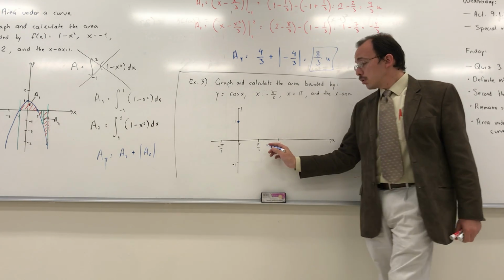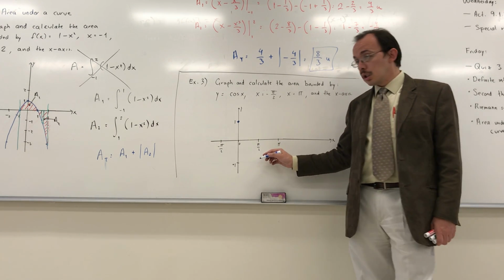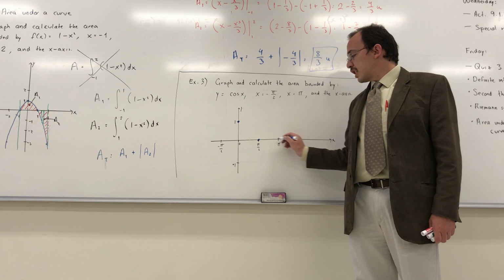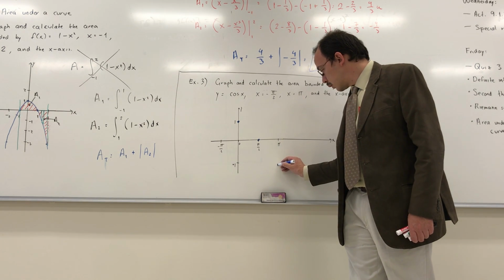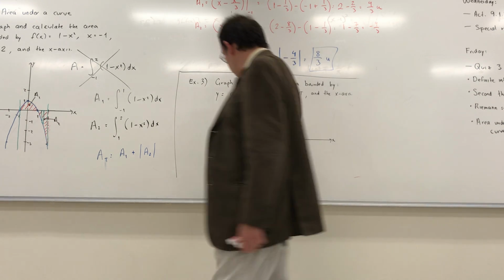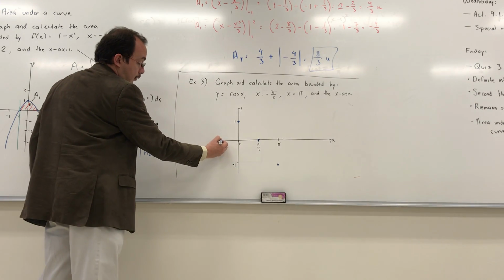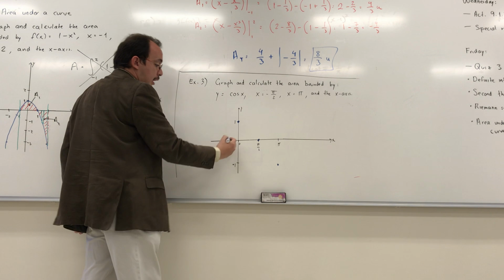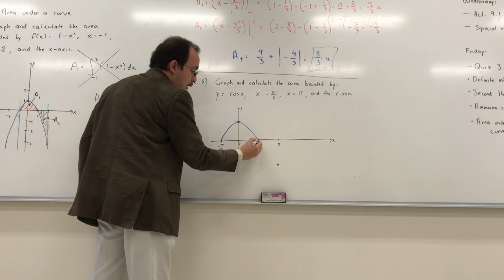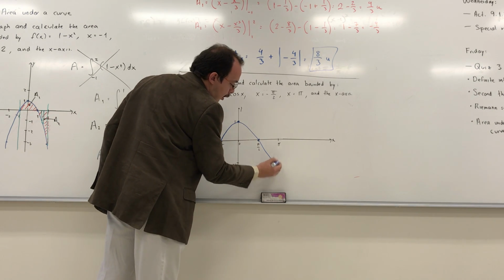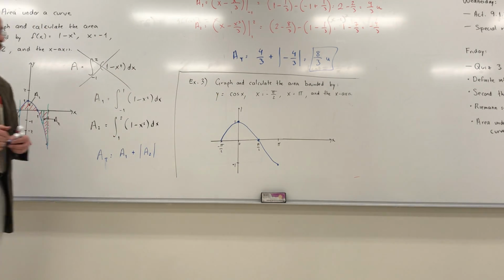When it's pi over 2, it will be 0. When it's pi, it will be minus 1. When it's minus pi over 2, it will be 0. So the graph, just for that part, will be all the way. Okay?